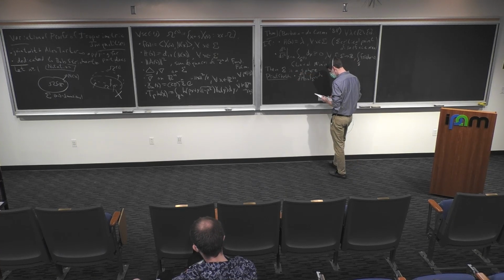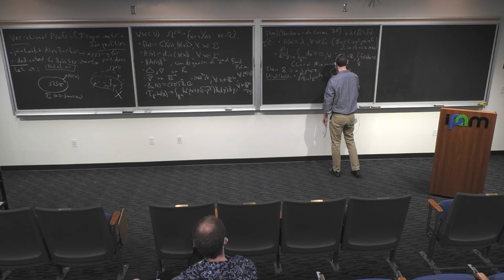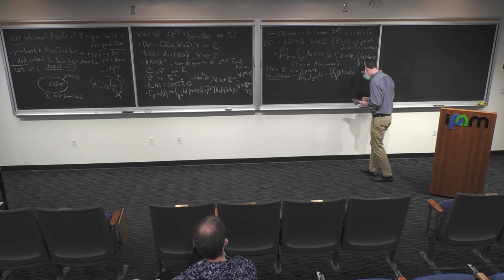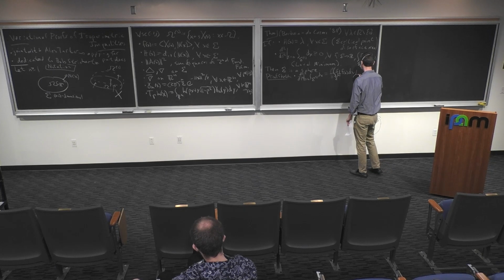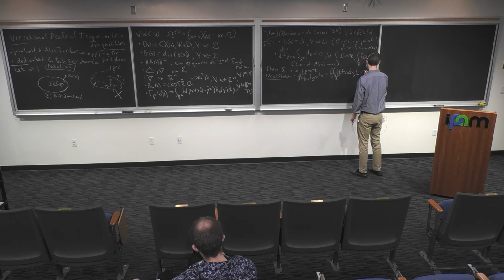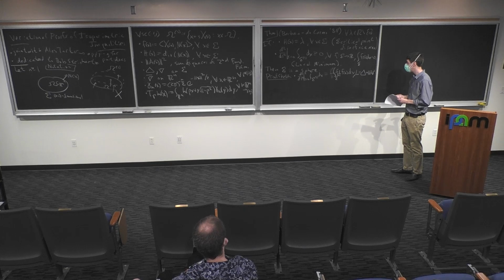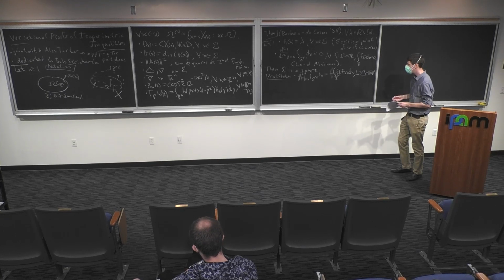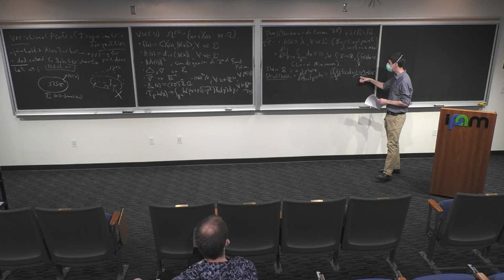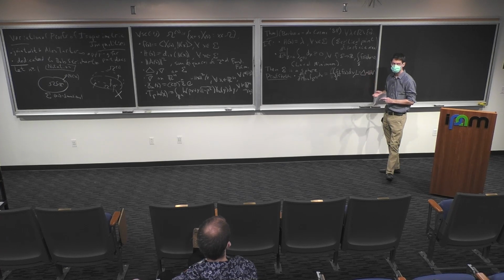So you get an explicit expression like this, negative f L f, where L is the Laplacian plus the squared length of the second fundamental form. Once again, I'll emphasize this is the Laplacian on the surface.